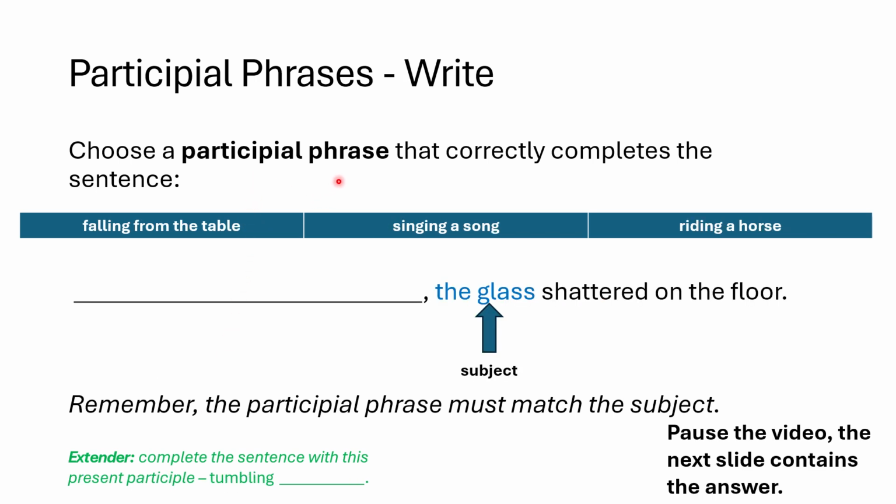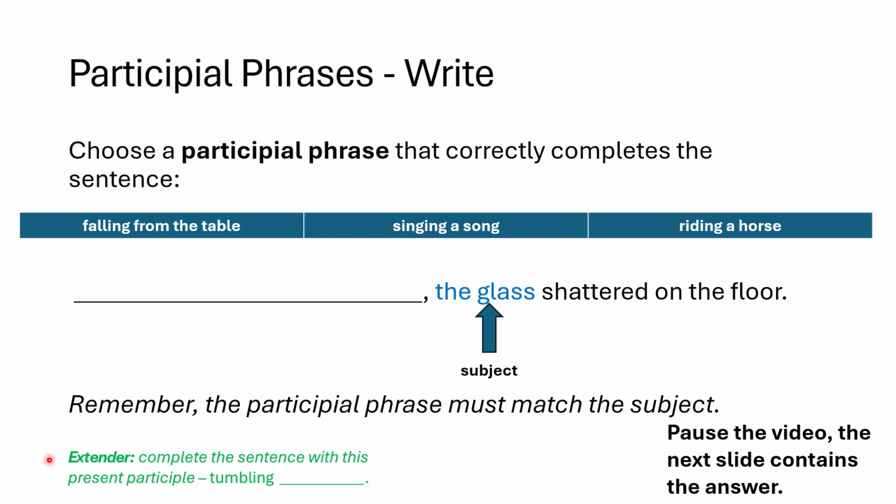Choose a participial phrase that correctly completes the sentence. Falling from the table, the glass shattered on the floor. Singing a song, the glass shattered on the floor. Riding a horse, the glass shattered on the floor. Remember, the participial phrase must match the subject.